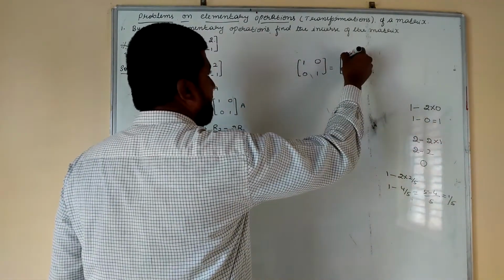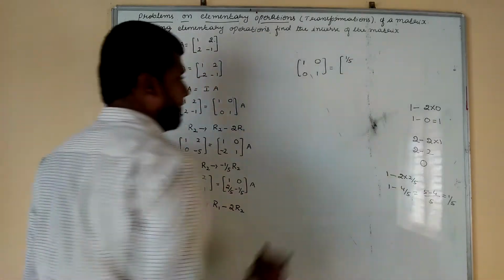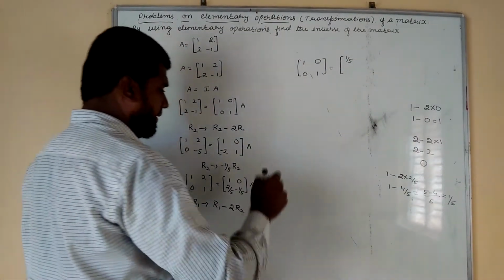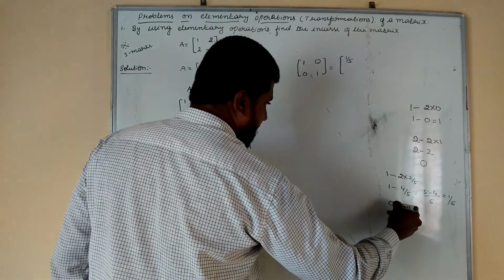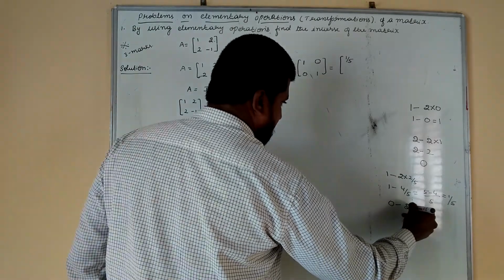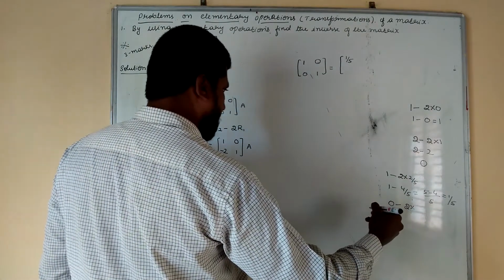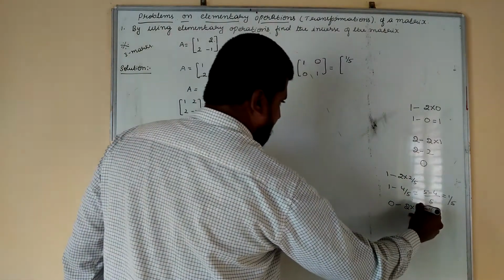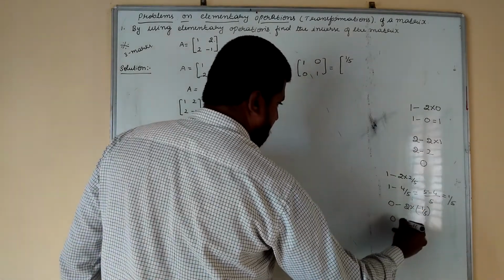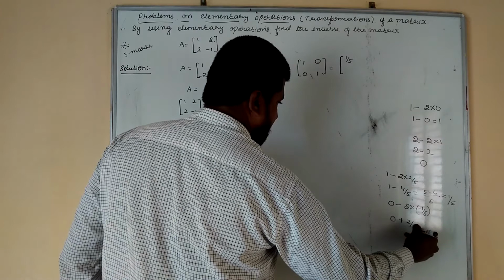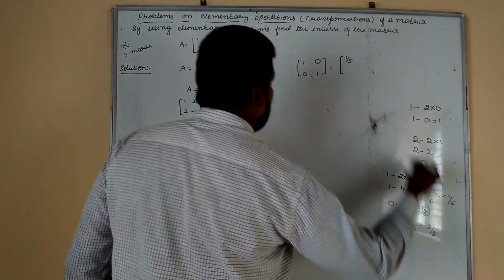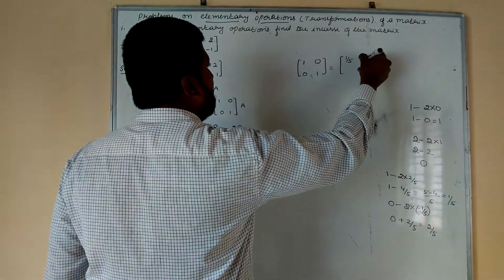So here you have to write 1 by 5. Then next 0, then 0 should be subtracted with 2 into minus 1 by 5. What are you getting? 0 minus into minus is plus 2 by 5. So 0 plus 2 by 5 means 2 by 5 only. So here you are getting 2 by 5.